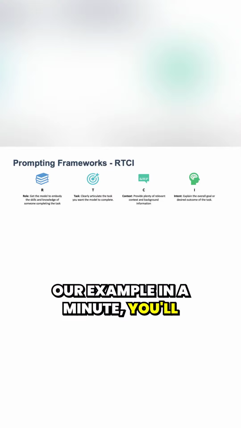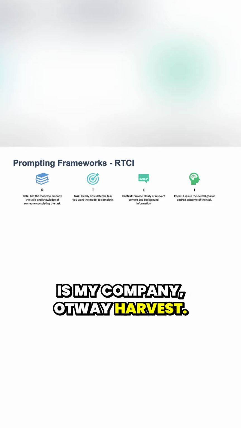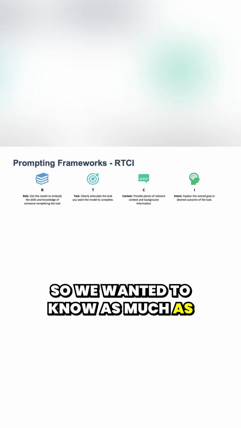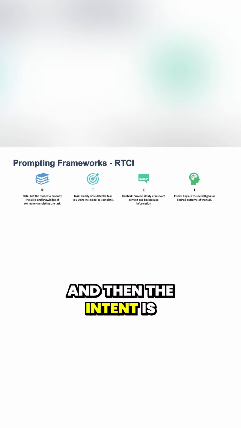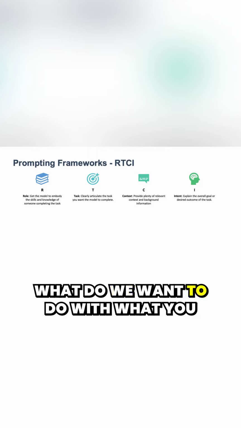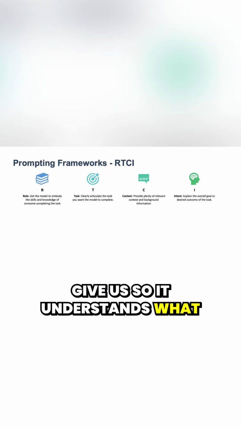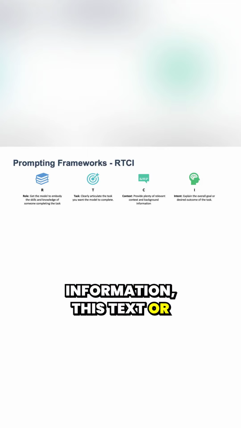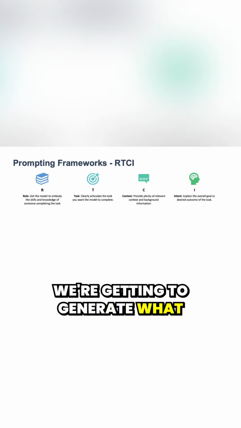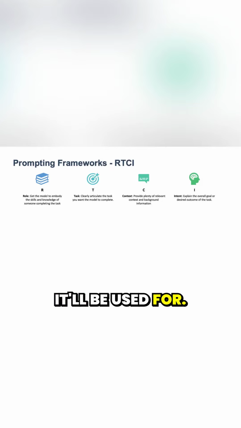So in our example in a minute, you'll see the context is my company Otway Harvest. So we wanted to know as much as possible about Otway Harvest so that it can give me the best response. And then the intent is what do we want to do with what you give us, so it understands what the end goal is of this information, this text or images or whatever it is we're getting it to generate, what it'll be used for.